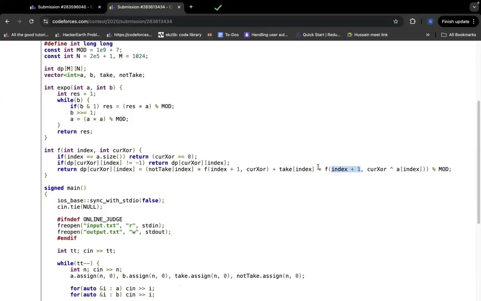So do you see that we can use space optimization right here? Instead of storing the DP table for every index, we can only store 2 DP tables. Let me show it to you guys, okay?